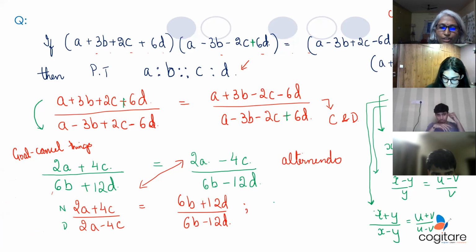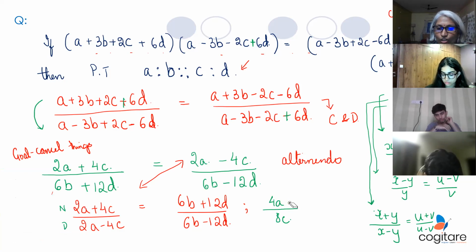Two a plus 4c plus 2a minus 4c. 4c gets cancelled. You get 4a. Clear, Siona? Subtract numerator and denominator. 2a plus 4c minus 2a plus 4c. 2a cancel each other. 4c minus of minus 4c is 8c. 8c below. Did you all get that?